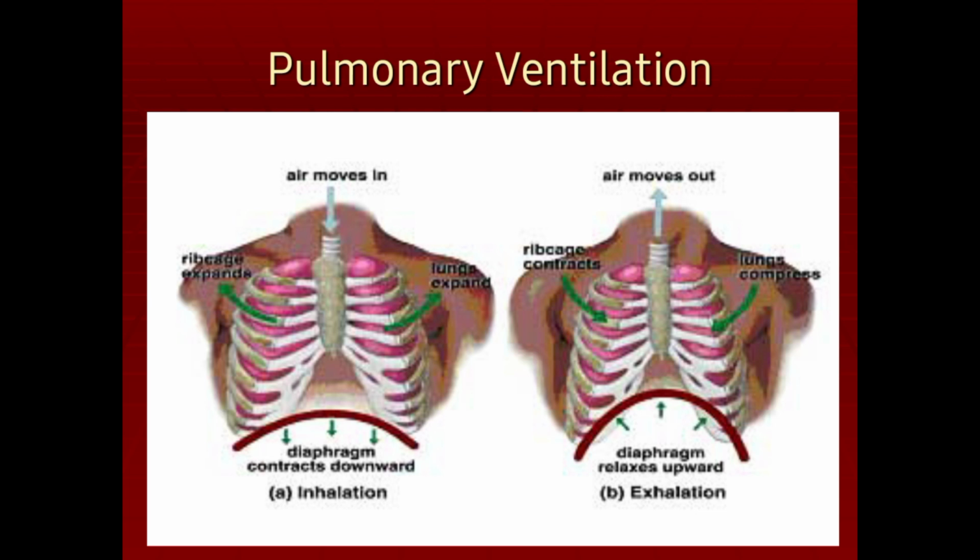So air is able to flow into the lungs, because when the volume of the lungs increases as the muscles contract, the air pressure decreases. So the pressure of the air inside the alveoli is less than the atmospheric pressure, and because it is less, air will move inside to try to balance.